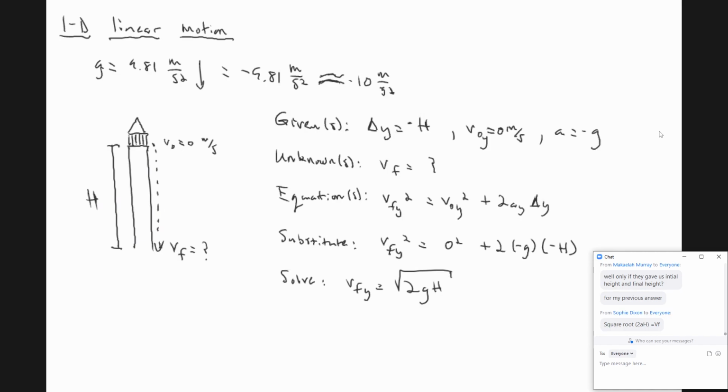So whenever students ask me what I do, I tell them I guess, except I'm actually not guessing. I give my givens, my unknowns, because d final is 0, d initial is h. So delta d or delta y is d final minus d initial, right? So then that's negative h.